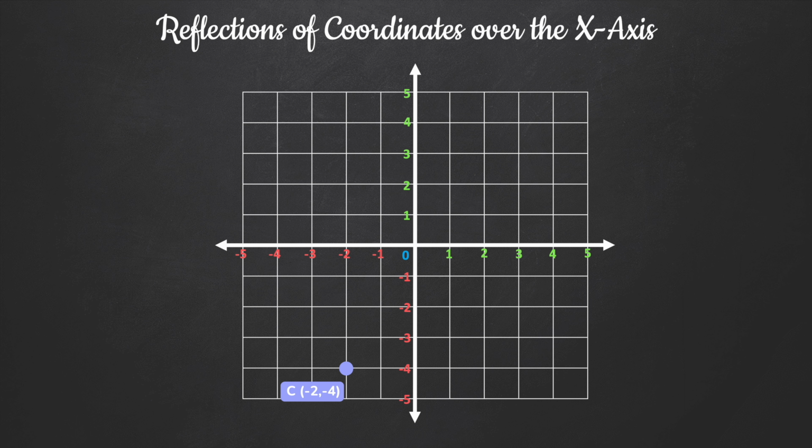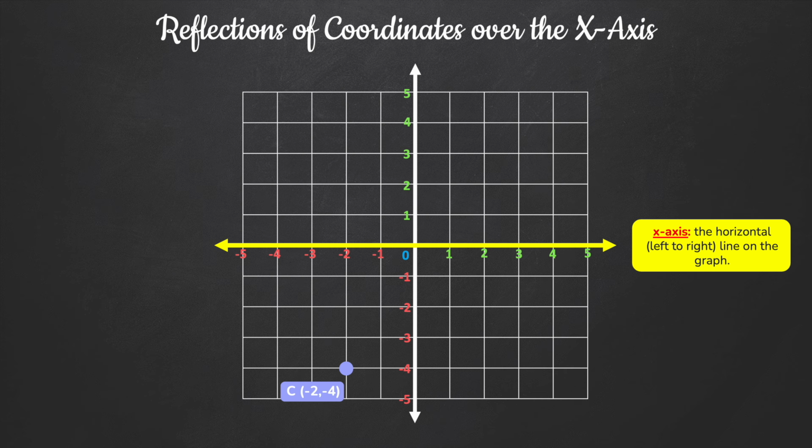Here we have our next example, which is point C. Point C is at negative 2, negative 4. And remember that we're reflecting over the x-axis. The x-axis is the horizontal line on our graph. And so we're going to see how far away this point is from the x-axis.